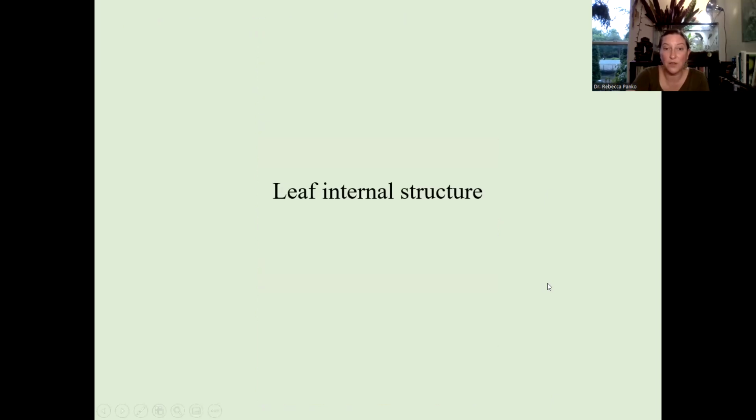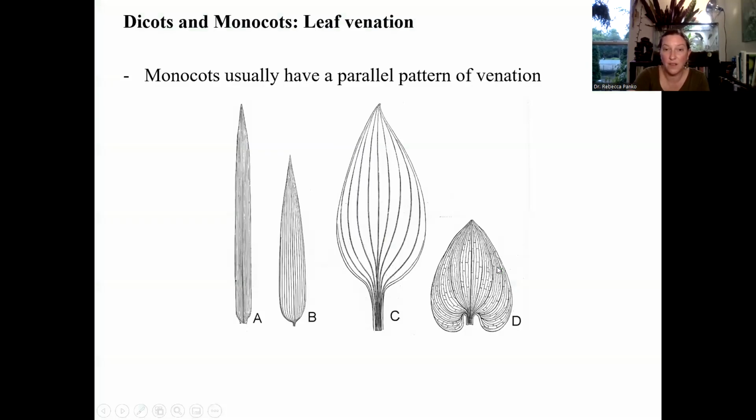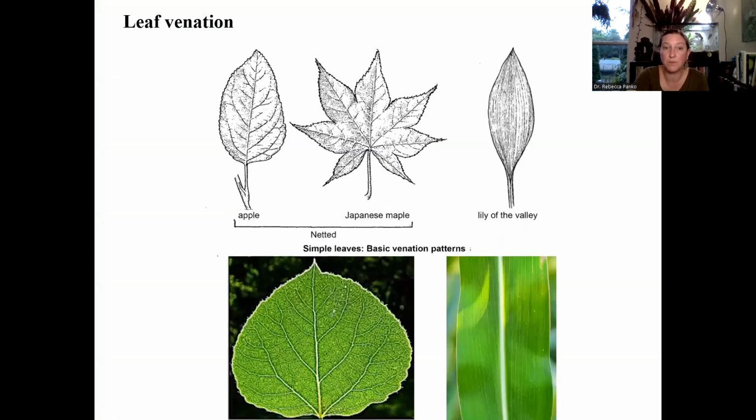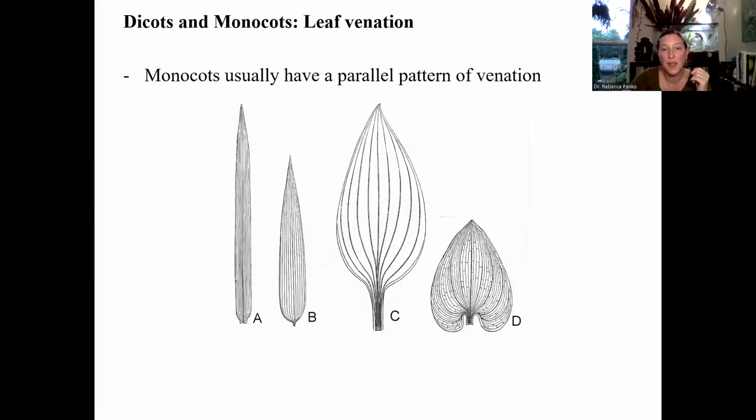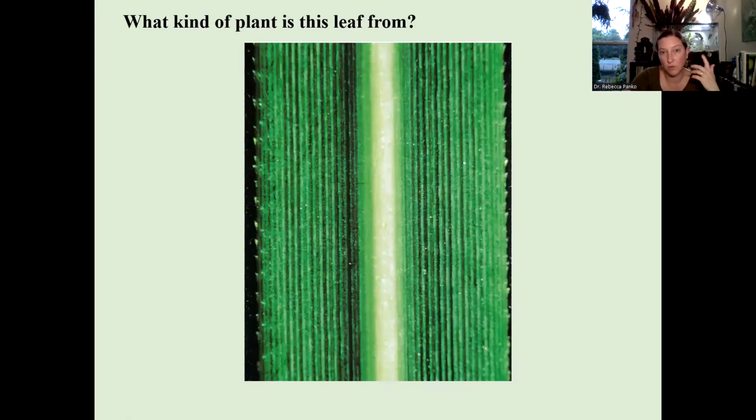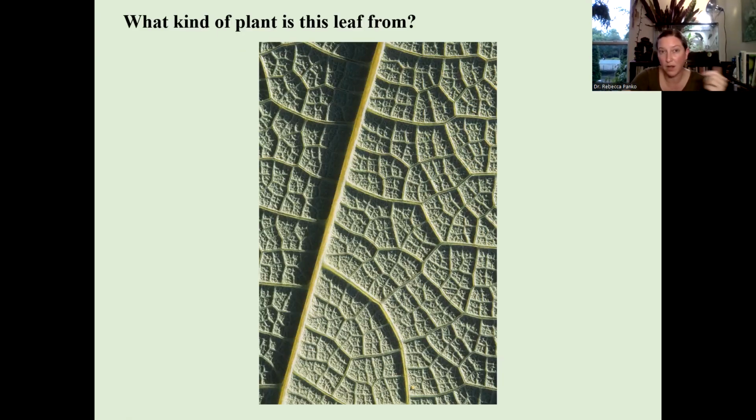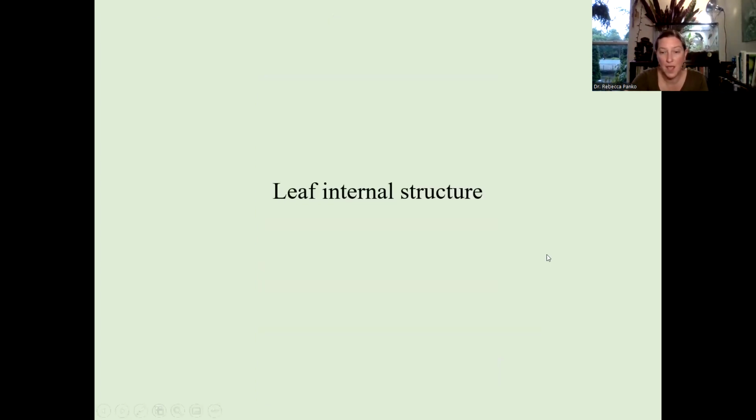Exactly. So now we know if it's net-like, which is basically not parallel, you're talking dicot. So here we see parallel, so we know this must be a monocot, but here we don't see parallel. We see net-like. So we know this must be from a dicot. Okay, good. All right.